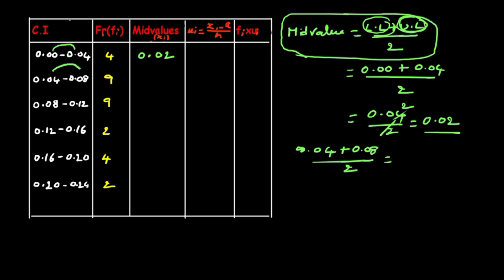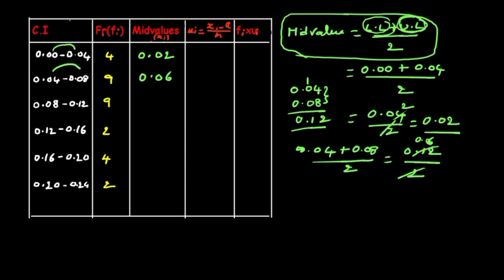This is 0.12. How do we get it? 0.04 plus 0.08: 4 plus 8 is 12, carry 1, so 0.12 divided by 2: 2 ones are 2, 2 sixes are 12, right? So it is 0.06.